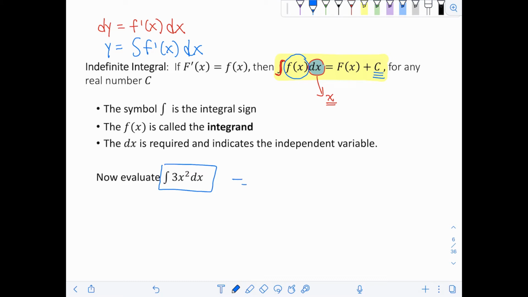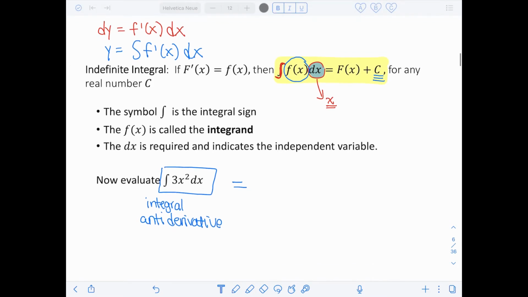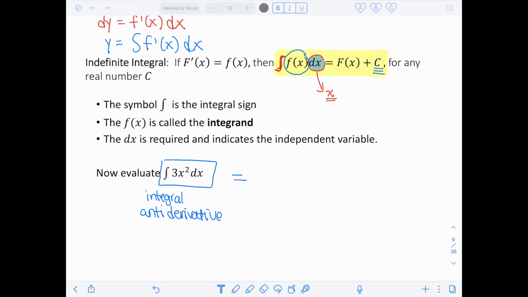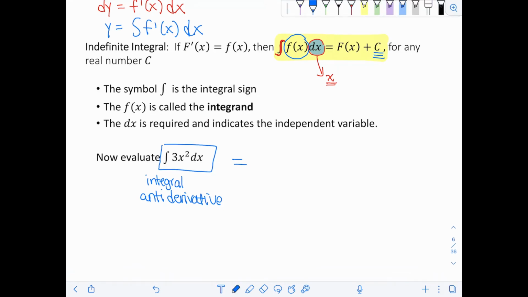So the answer here, so this means integral or antiderivative. So we're working backwards, and we've already talked about how that would be x cubed. But again, we weren't sure what the constant could be, so we just put the plus c there to indicate that it could be some constant.